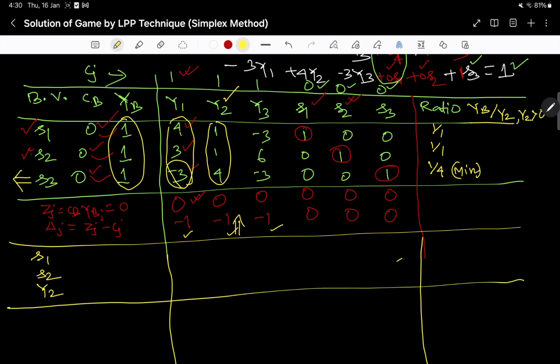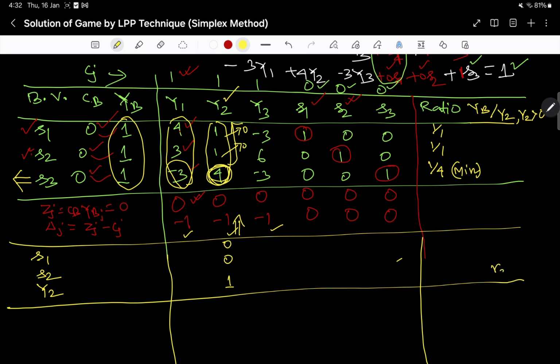So Y2 is a basic variable here. Being a basic variable, we need this to be 1 and we need these to be 0 and 0, okay. In that way we have to arrange it. So now this is the key element, the intersection of the entering column and the leaving row. I want to make it 1, and accordingly make the others 0 and 0.